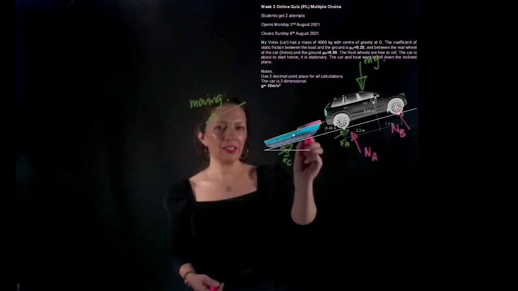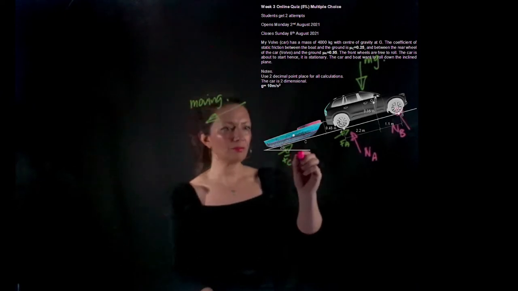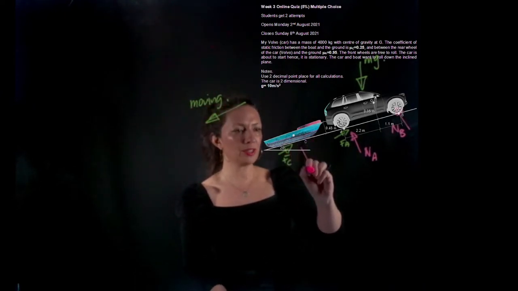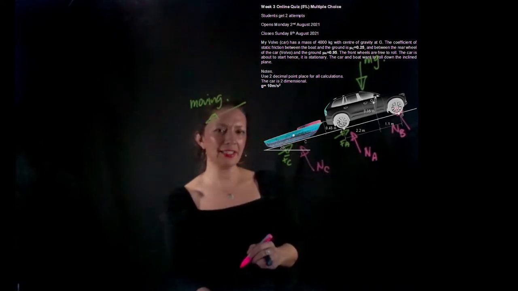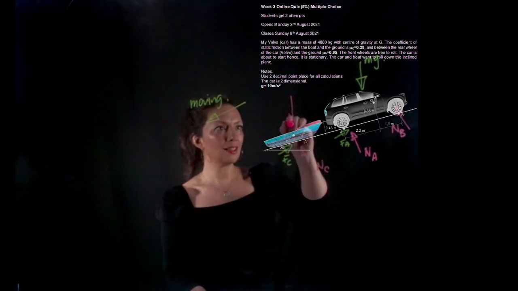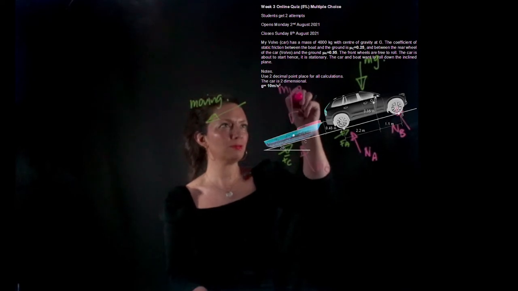So if we take a look at the boat, what do we have going on over here? We have a normal force between the boat and the inclined plane. We'll call that NC, and the boat is also going to have a mass of M boat G.